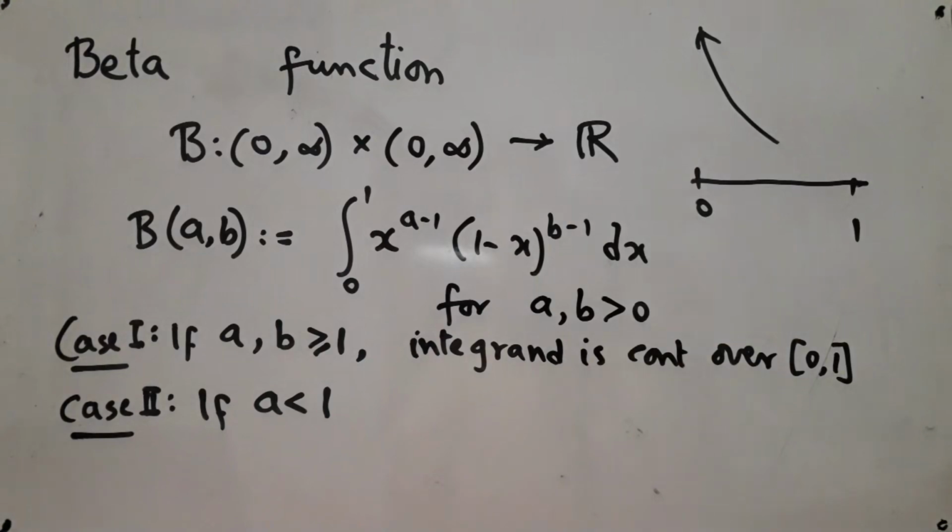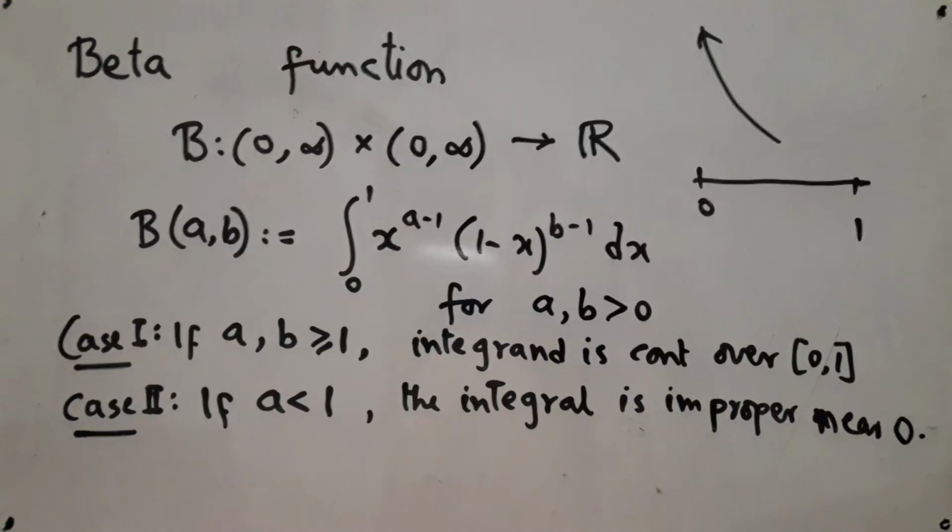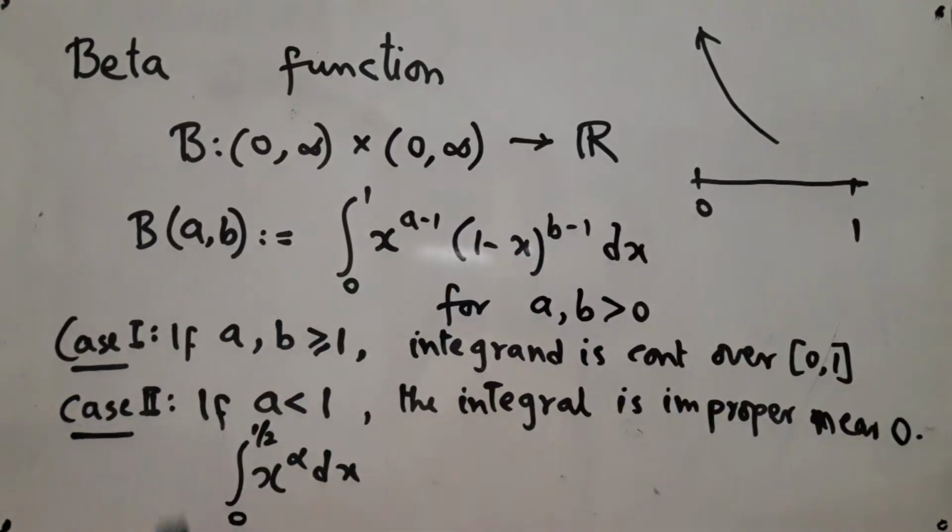The answer is yes. Though the integral is an improper one near 0, yet we know that this improper integral, if alpha is greater than minus 1, so if alpha is less than 0 yet greater than minus 1, converges.